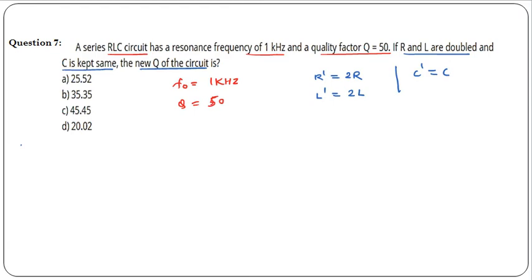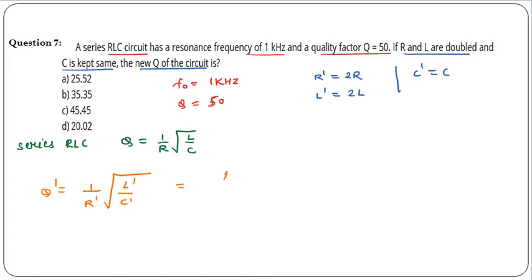We know that for the series RLC circuit, the quality factor is given by 1 by R root L by C. So the new quality factor Q dash will be equal to 1 by R dash into square root of L dash by C dash. This will be equal to 1 by, the resistance value is getting doubled, so 2 into R into square root of L dash.